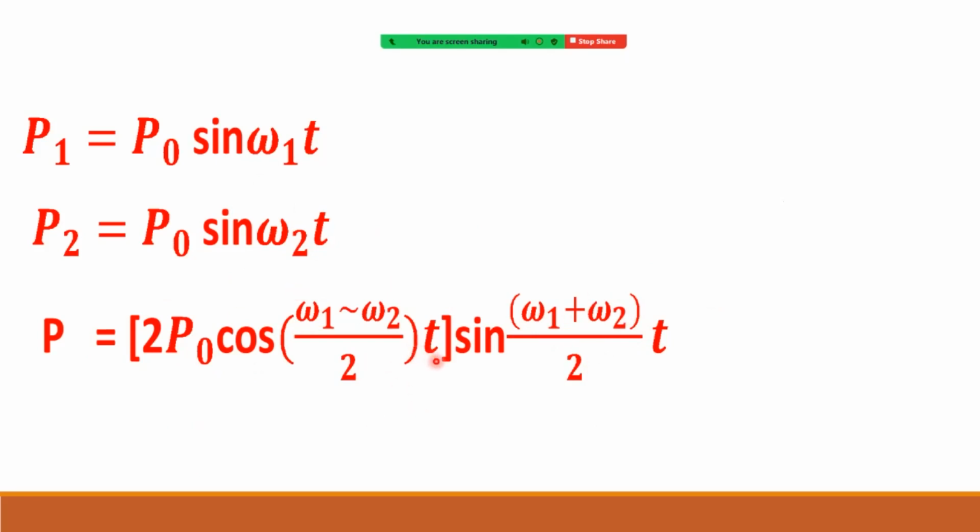Coming to this function, the frequency is (f1 minus f2) by 2. But if you take the modulus, the frequency becomes f1 minus f2, twice this frequency, because we want the modulus of this function to decide the loudness of sound, right?